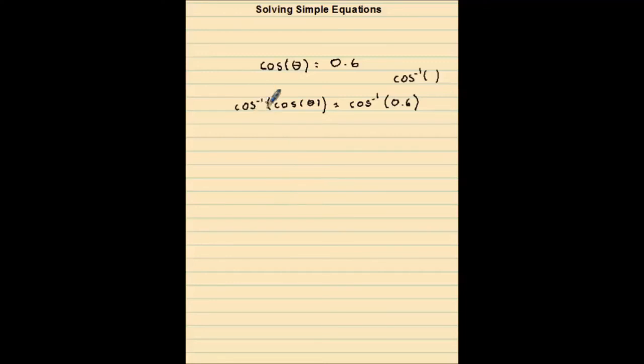Now what this requires you to notice is that inverse cos and cos are opposites, and therefore they cancel out, leaving just the theta. And what we're left with on the right is something that you can just type into your calculator. And if we do that, we find that theta is equal to 53.16 degrees.